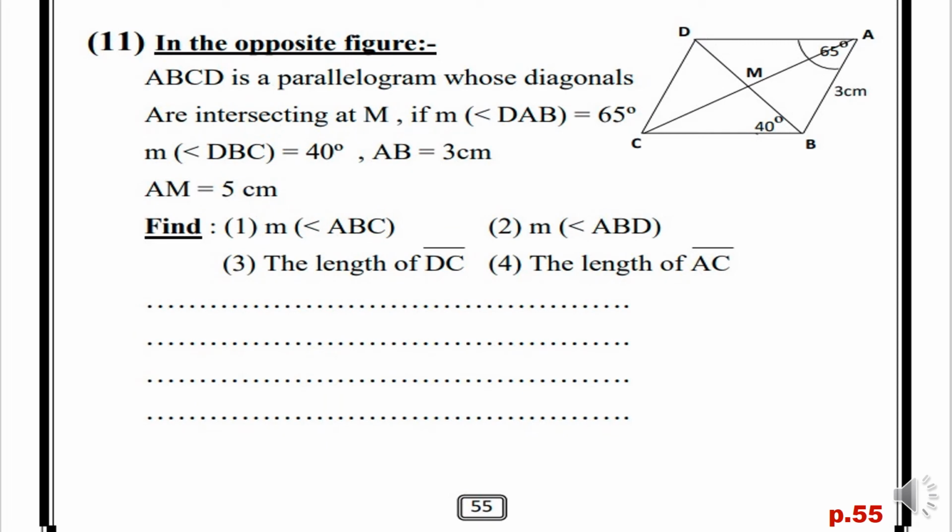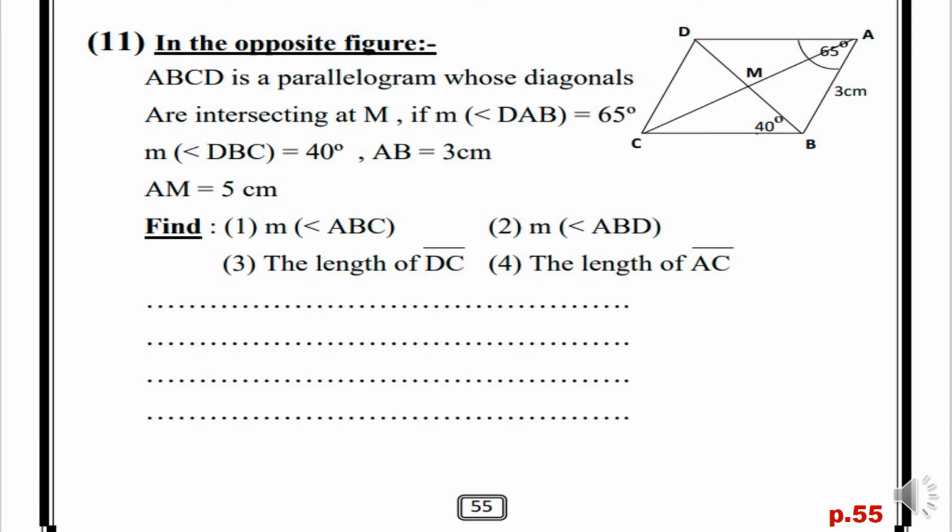Number 11. In the opposite figure, ABCD is a parallelogram whose diagonals are intersecting at M. If measure angle DAB equals 65 degrees and measure angle DBC equals 40 degrees, AB equal 3 cm, so directly CD equal 3 cm, as each two opposite sides of the parallelogram are equal in length, and AM equal 5 cm.